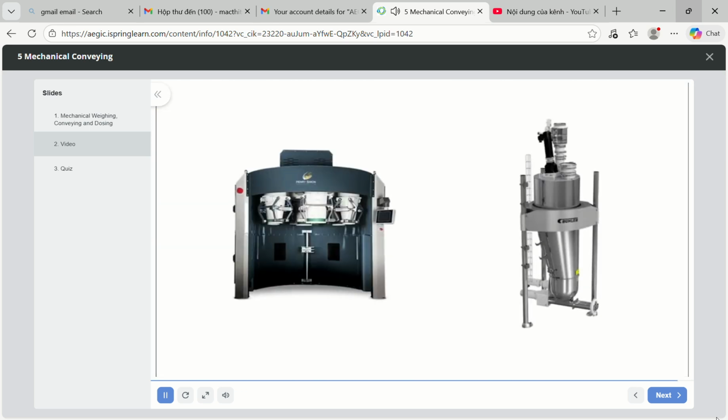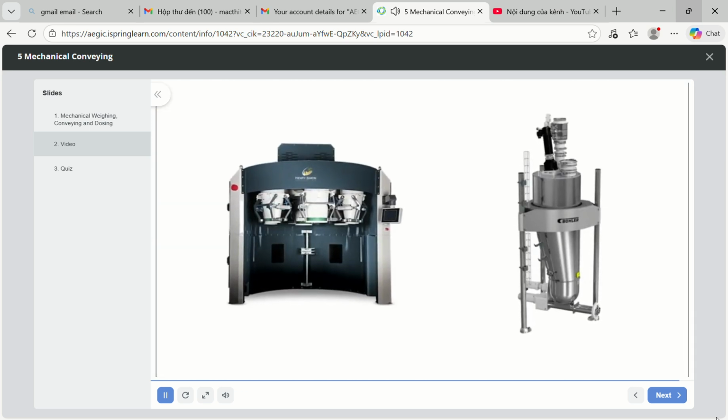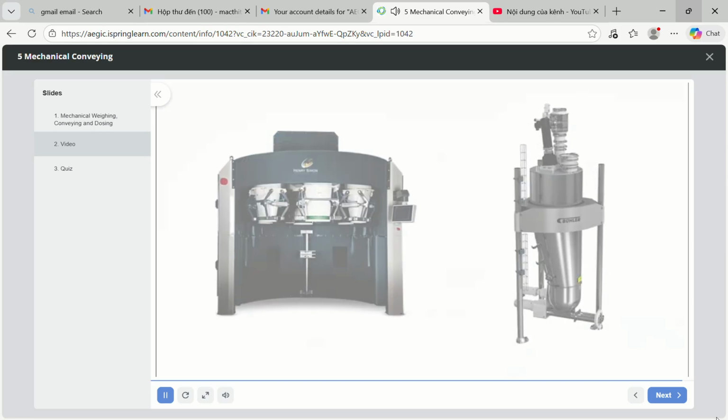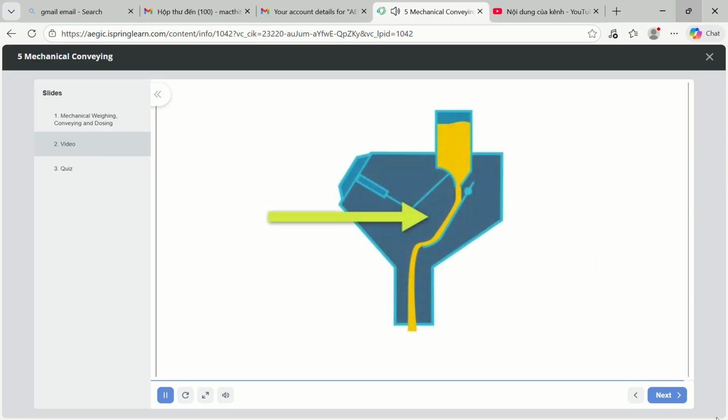Some designs use scales to measure flow rate based on weight lost over time. Flow balancers use a deflection plate to measure the flow rate. A slide above the deflector plate varies the flow based on the target deflection.